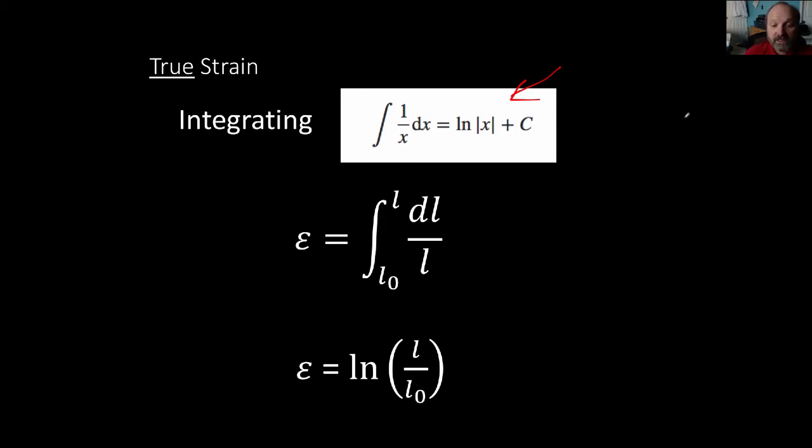So you get something like natural log of L minus the natural log of L naught, and you can combine that into the natural log of L over L naught. So this is just basic math that you should have had in calc. If you don't understand how to do this integral, I suggest you review that. And you can also go to the Khan Academy and take a look at integrating 1 over x dx.